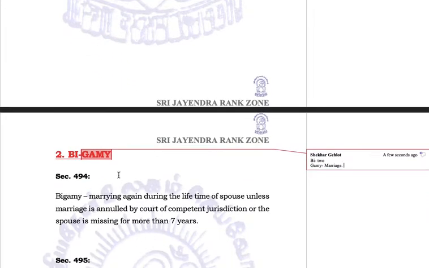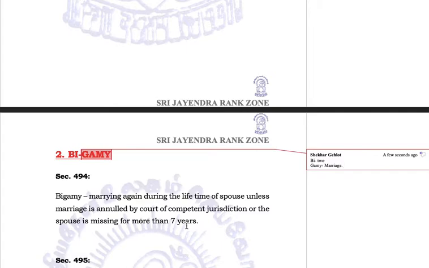Let us read what section 494, which deals with bigamy, speaks. Bigamy, marrying again during the lifetime of the spouse unless marriage is annulled by court of competent jurisdiction or the spouse is missing for more than 7 years. So it says if you marry again when your husband or your wife is already alive and you have not taken a divorce, you may be living apart from each other.